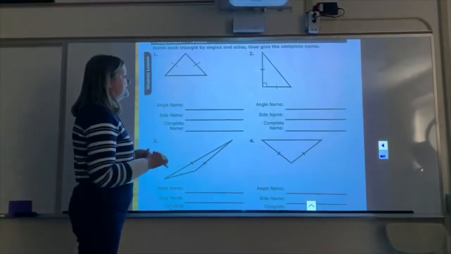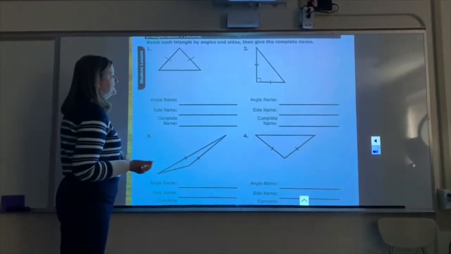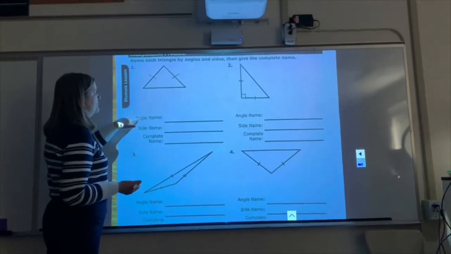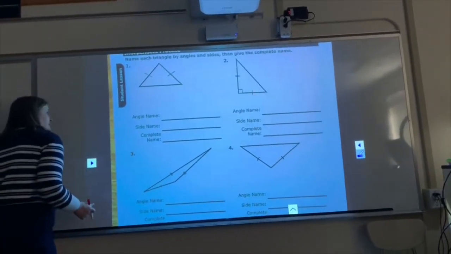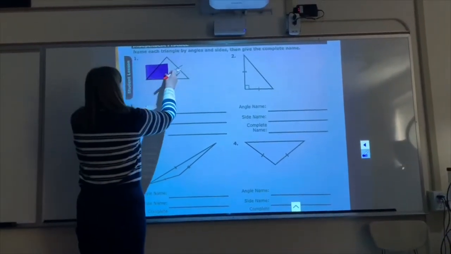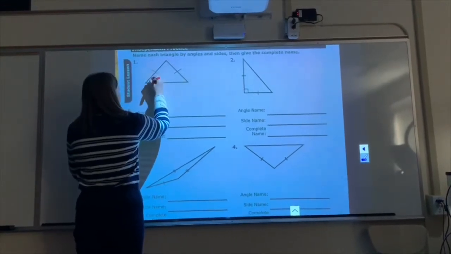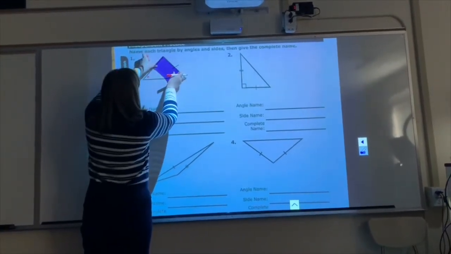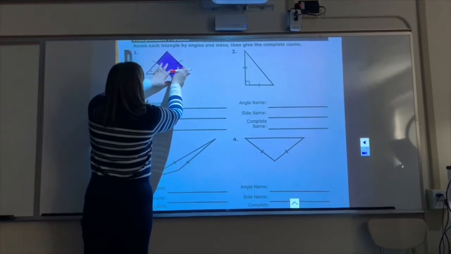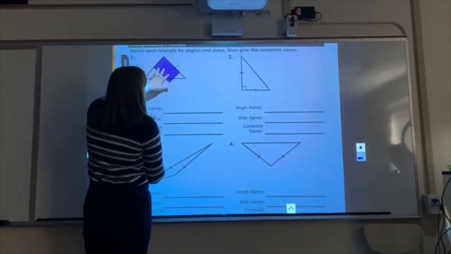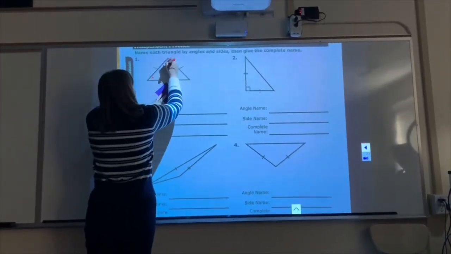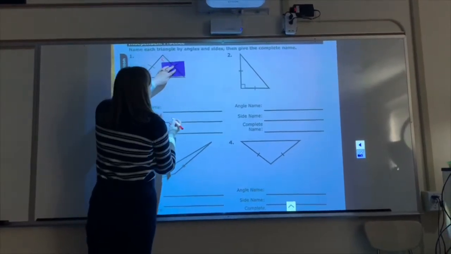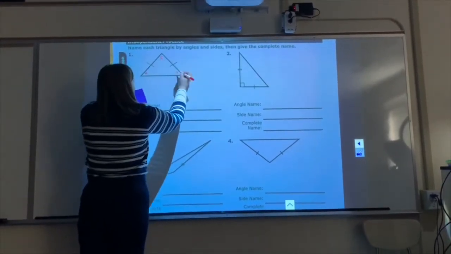Okay, this is an example of how to identify them. So we're going to first identify it according to the angle. So we check each of the angles, and that's less. I'm just going to put an A for acute. That looks like a right angle. So let's put R for right, and that one is acute.